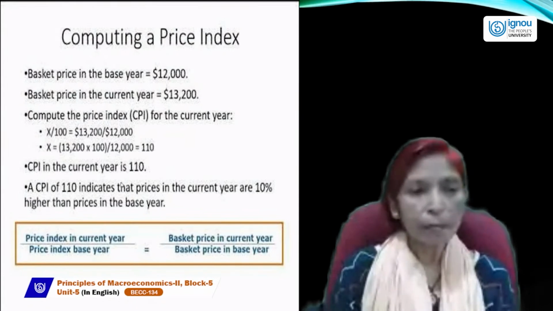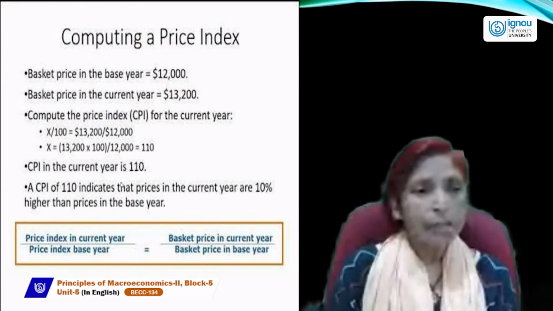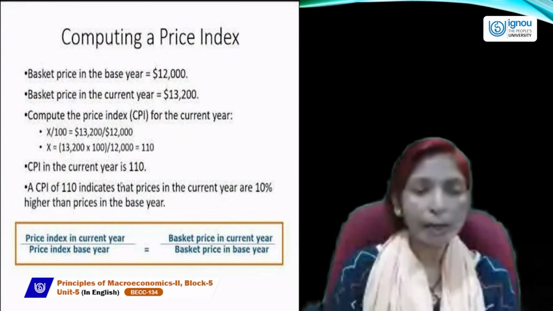We can calculate the price index as nominal price divided by real price multiplied by 100. Here the current price is 13,200 and the base year price is 12,000.